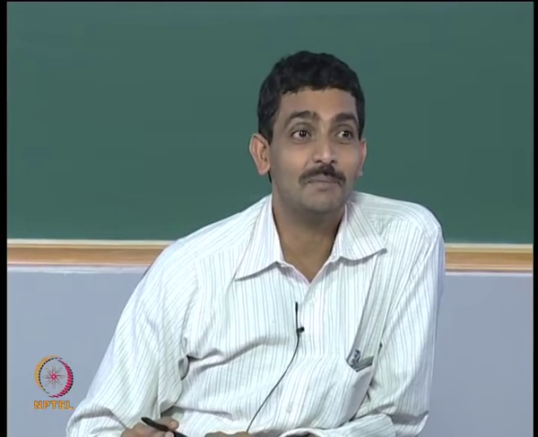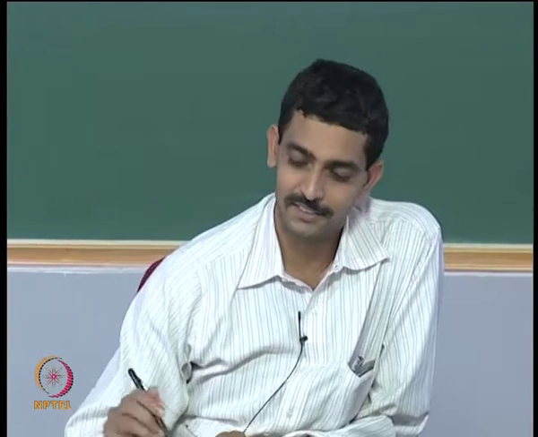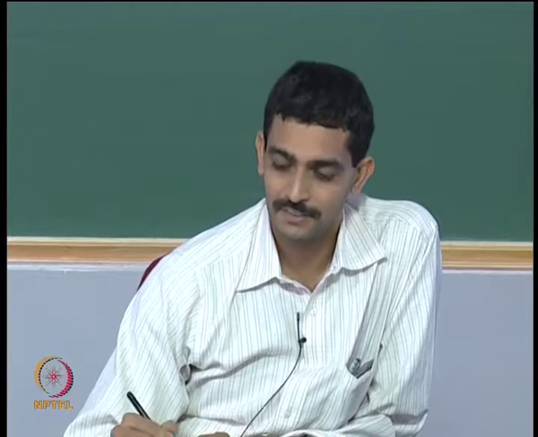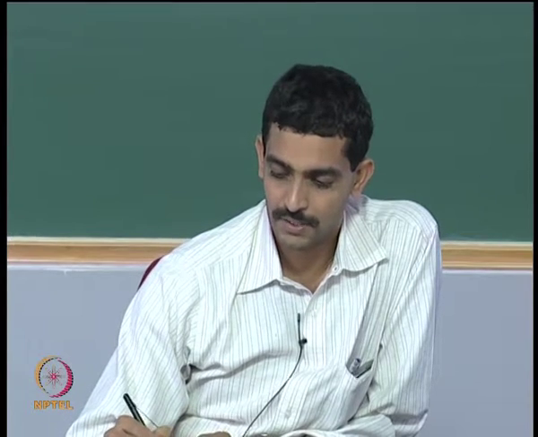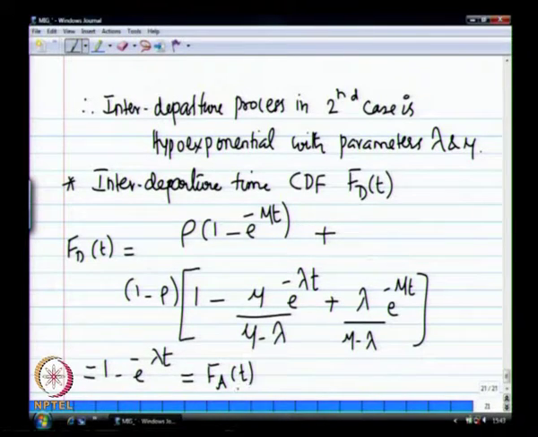So this is your FD of t, 1 minus e power minus lambda t, and that is basically your arrival process, right. If A of t is the inter-arrival process CDF, therefore your departures are also Poisson with rate lambda.